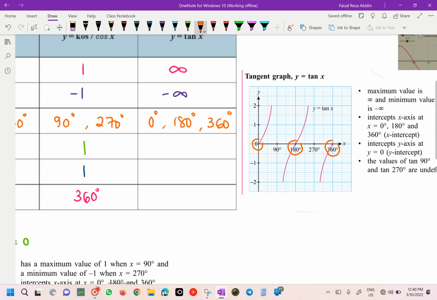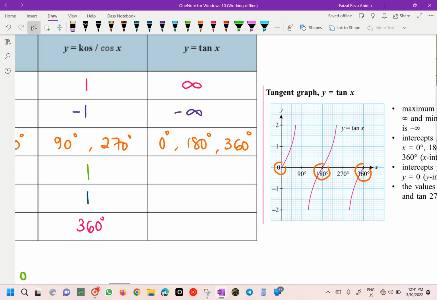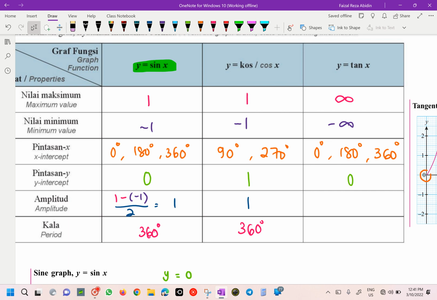Okay, how about our y-intercept? This y-intercept, right? So it's going to be 0 there. Okay, how about the amplitude? No amplitude. We cannot have amplitude. Why?